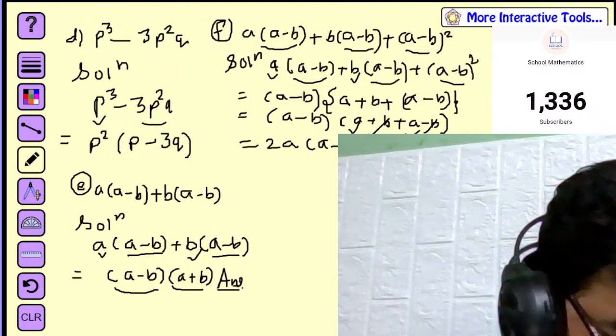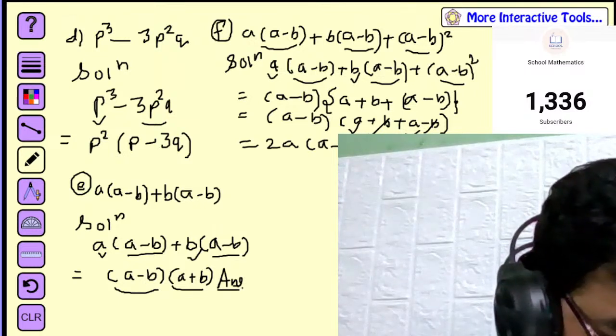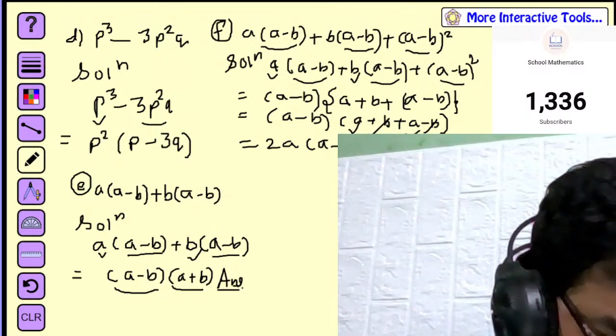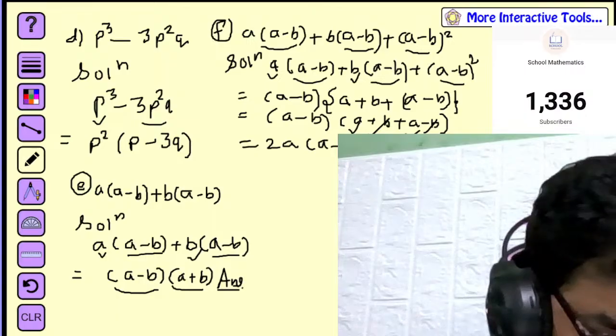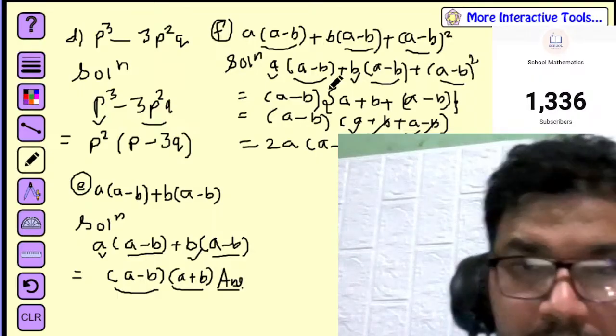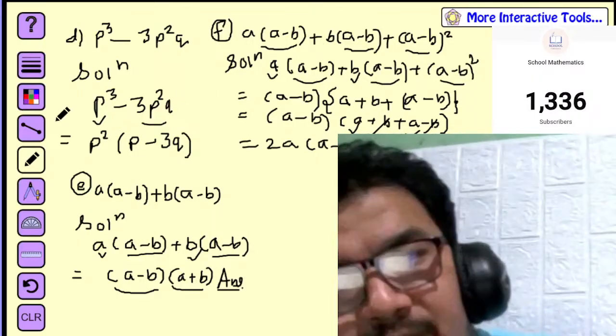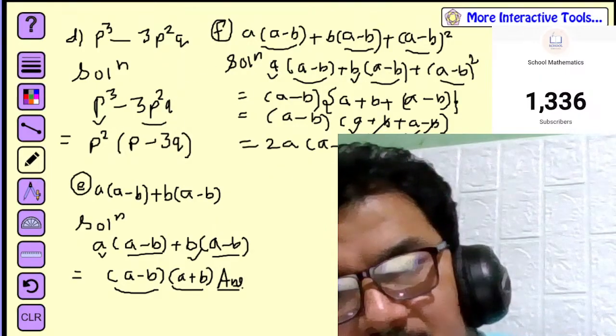Okay children, I hope you understood here. Like this, we factorize the given algebraic expression by taking common.